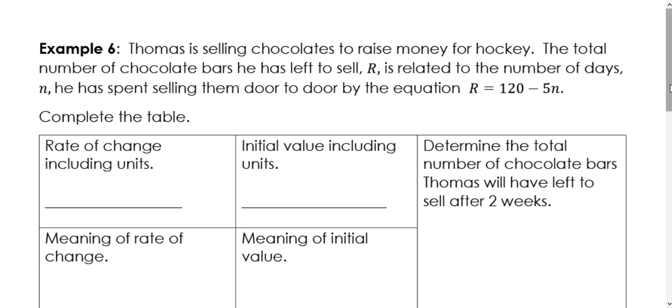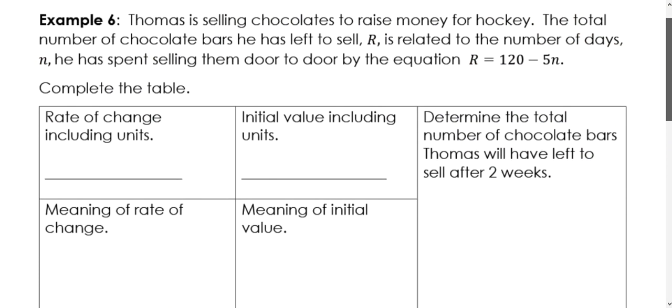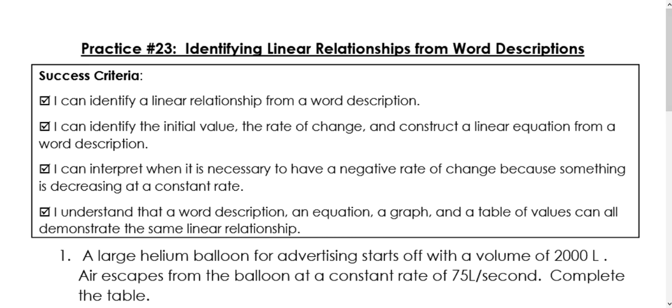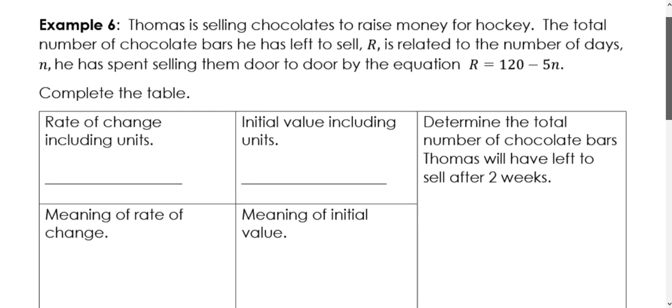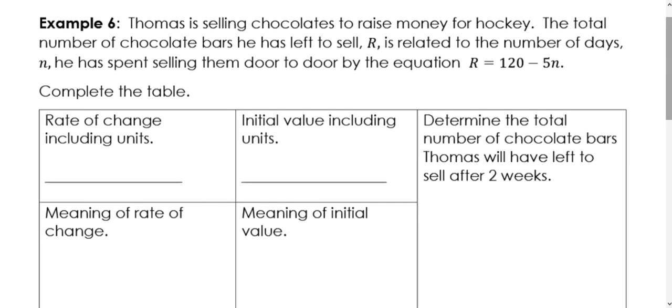All right, this should be the last example, I think. Yes. All right. So Thomas is selling chocolates to raise money for hockey. The total number of chocolate bars left, R, is related to the number of days he has spent selling them from door to door by the equation. So one of the first things we want to look at is what are the 2 things we're looking at?